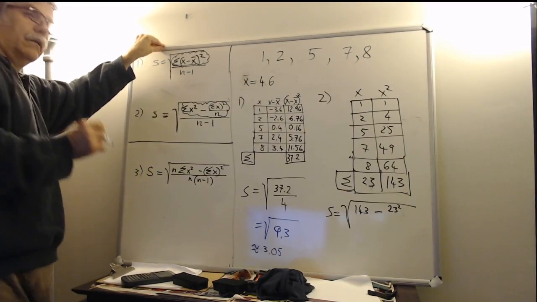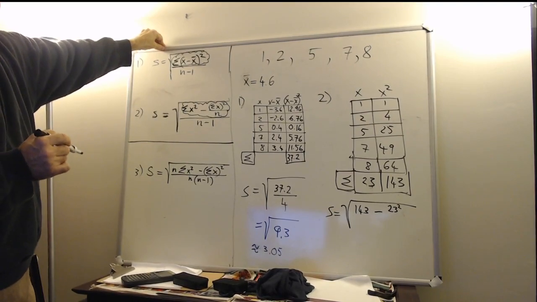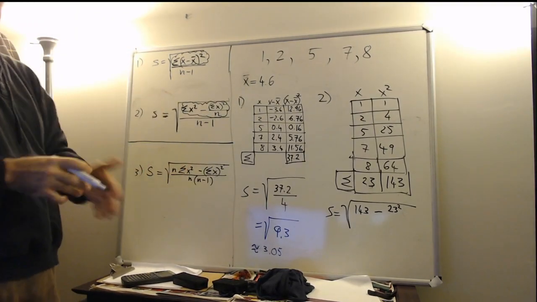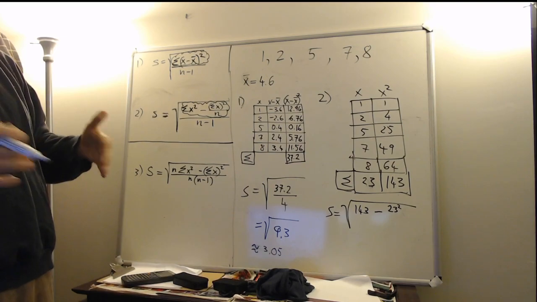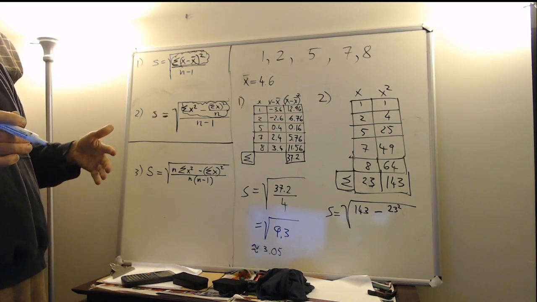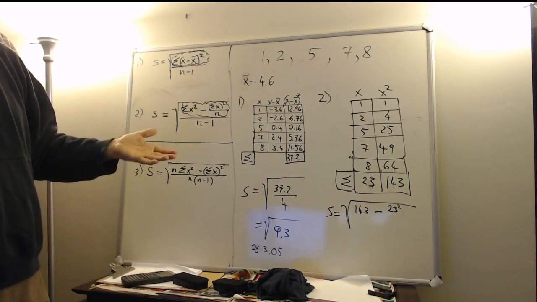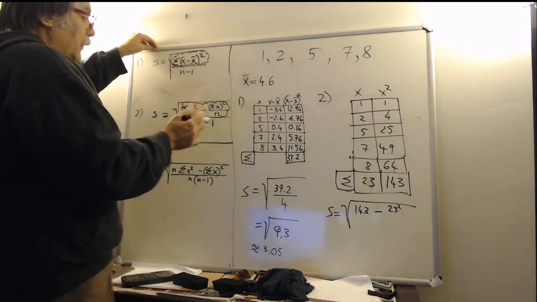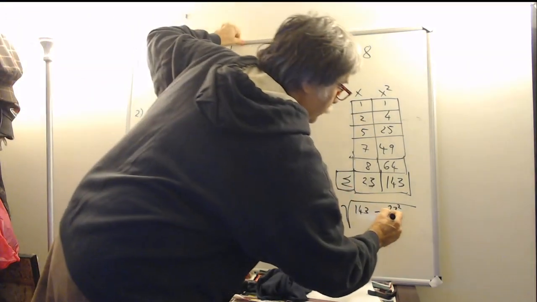Okay? I know, that's 529. It's not too hard. 23 times 23. 20 times 23 is 460. 3 times 23 is 69. 69 and 460, 529. And then you have to divide by n, which is 5.